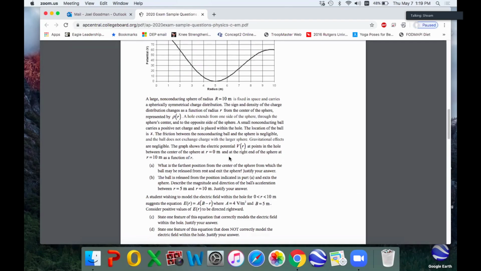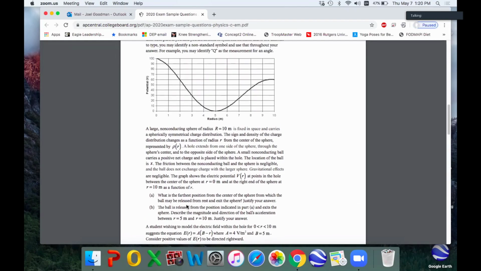So if I plug in 10 compared to plugging in 0, would we have the same electric field? Looking at the potential energy graph, they're not the same, right? At 0 and at 10. Are you saying that if we plug in a value of 0 for R, we're going to get 5 times 4, an electric field of 20, right?